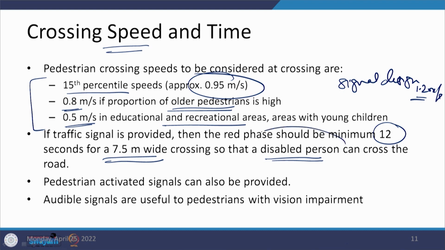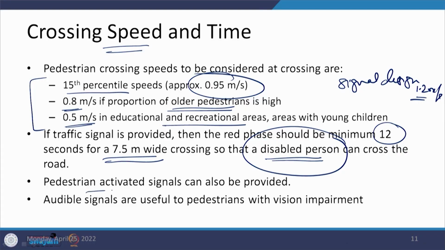And when we are talking about disabled people, or when there is a lot of traffic which is continuously going on and not stopping, then we can also have pedestrian activated signals provided at that location, where as soon as there is a sufficient number of pedestrians, these signals can be activated by one of them, and it will turn the light red for vehicular traffic and green for the pedestrian movement.